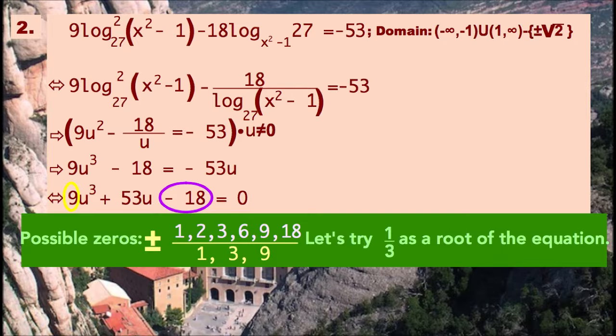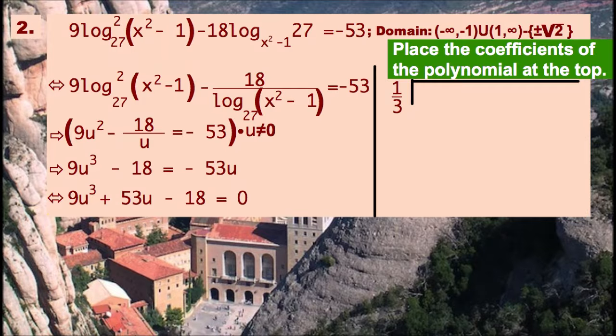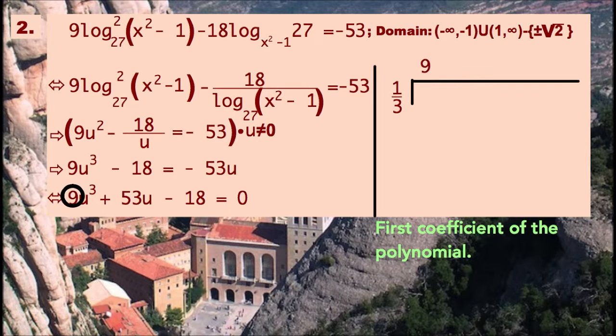So, as a shot, let's try 1/3 as a root of the equation. Place the possible root outside the table, 1/3, and place the coefficients of the polynomial at the top. The first coefficient of the polynomial is 9.